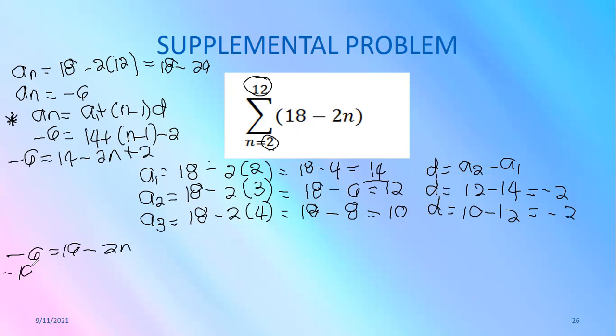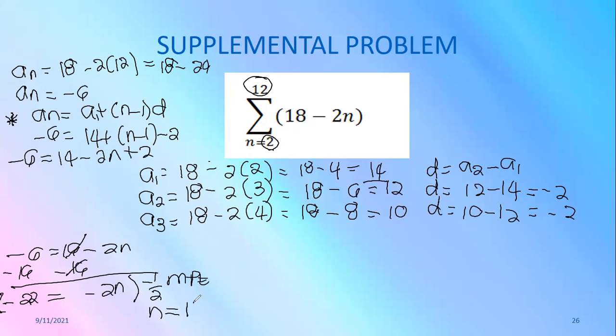So minus 16 ko dito, minus 16 ko dito. So dito magka-cancel out na si 16. Matira negative 2n. Okay, so negative 6 minus 16, of course, that's negative 22. So using MPE, i-multiply natin both sides by negative 1 over 2 by MPE. So ang n mo ngayon, which is equal to 11.